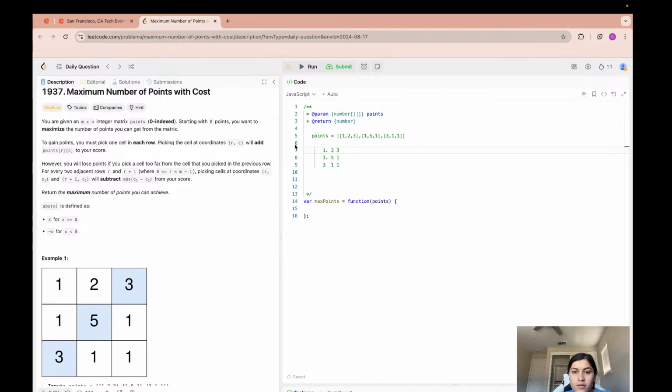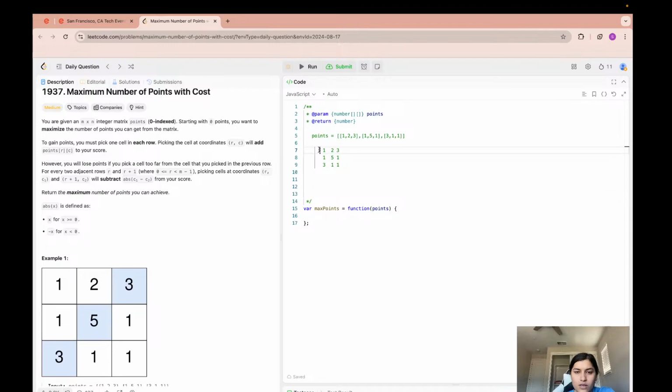Okay, so I lose points if I move columns. So I have to make sure that the points that I lose are less than the points I gain.